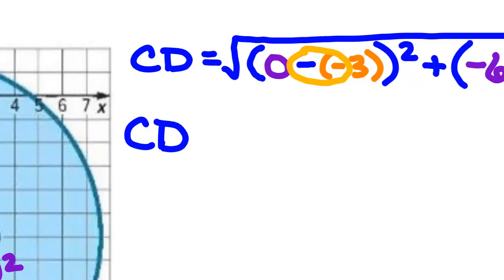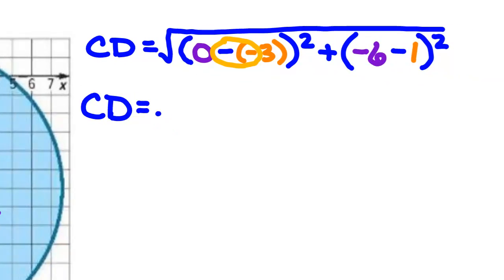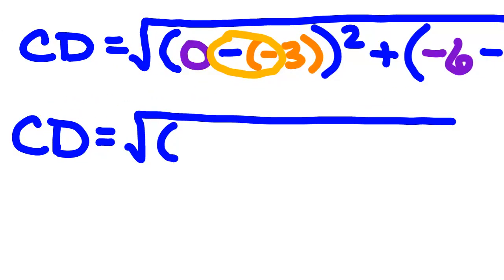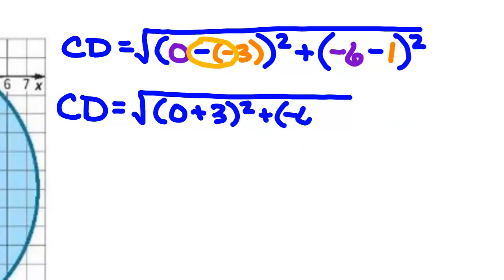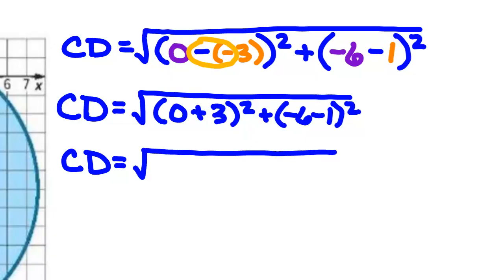So we have the distance from C to D equals big long square root sign. This becomes 0 plus 3 squared plus -6 minus 1 squared. So the distance from C to D is equal to, what is 0 plus 3? 3.